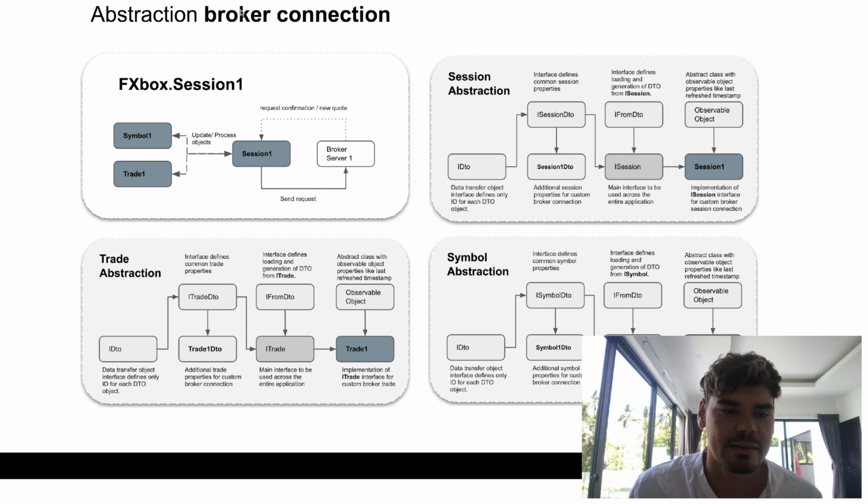Here you can see what I made at that time, which was just a simple description of the domain objects. We have the FXbox session, the trade abstraction, session abstraction, and symbol abstraction. With this interface IDTO, then ISessionDTO, this is basically an inheritance tree. It describes what kind of objects inherit from what objects. The session and the trade, the main objects, inherit from the observable object.